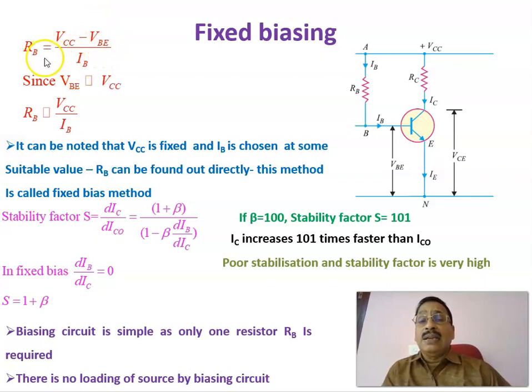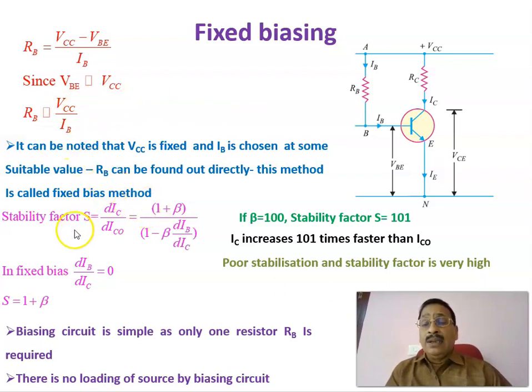In that case, RB is approximately equal to VCC by IB. VCC is fixed, and IB is chosen at some suitable value, then RB can be found directly. This method is called the fixed bias method.